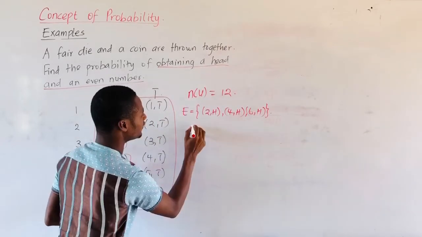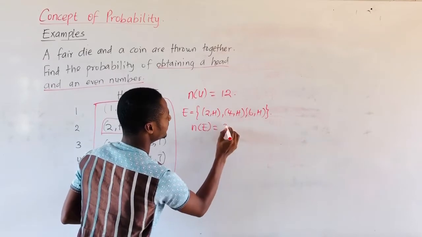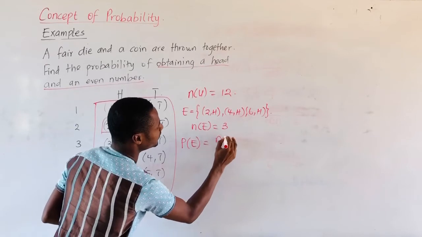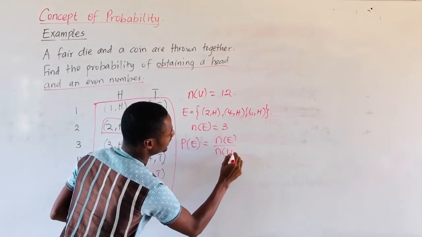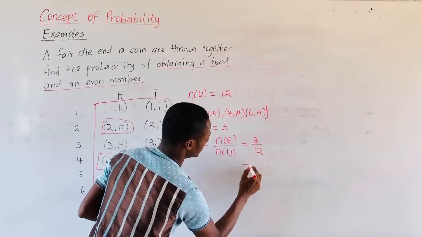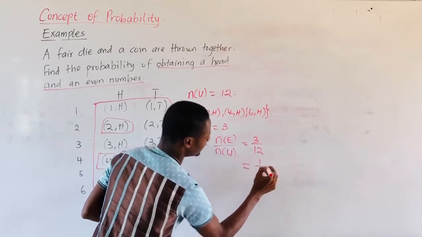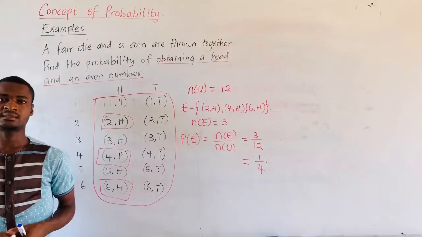And the number of elements in this event is 1, 2, 3. So our probability of this event occurring, which is the number of elements in the event over number of elements in the sample space, will be 3 out of 12. We must write in the lowest form, and that will give us 1 over 4. We will take further examples under this.